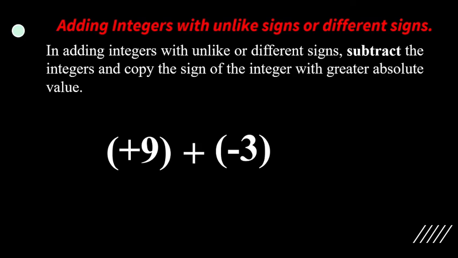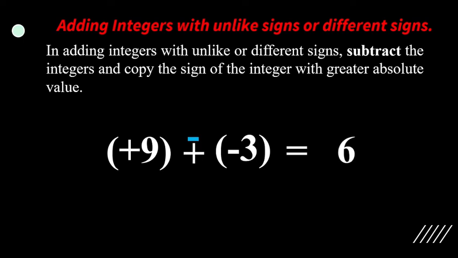This time, let's add +9 plus -3 without using number line, algebra tiles, or counter chips. In adding integers with unlike or different sign, subtract the integers and copy the sign of the integer with greater absolute value. So, instead of adding +9 plus -3, all we have to do is subtract them. So 9 minus 3 is equal to 6.